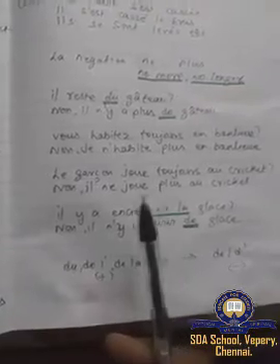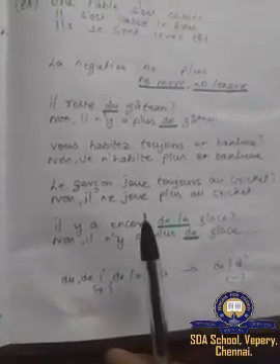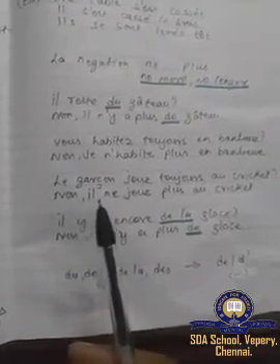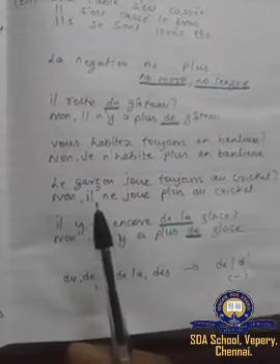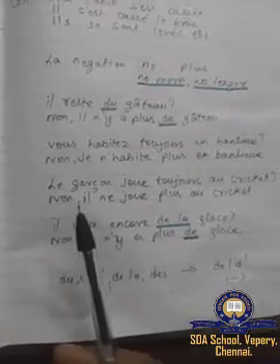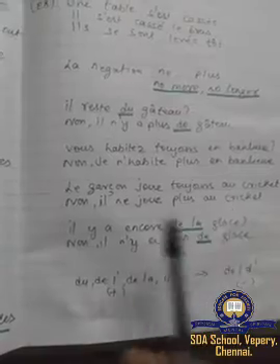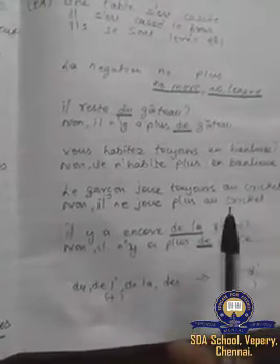Negative elements, where you have to place a negative element before the verb and after the verb. You can start with le garçon or il, both correct. No, il ne joue plus au cricket. He no longer plays cricket.